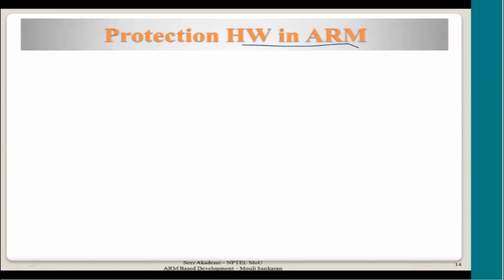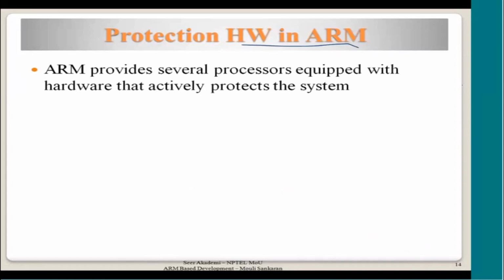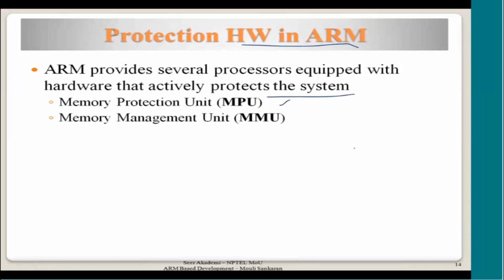Now, protection hardware in ARM. What is the hardware? ARM provides several processors equipped with hardware that actively protects the system. One is the MPU, I told you. The other is the MMU. I mentioned that. The MMU includes MPU functionality.